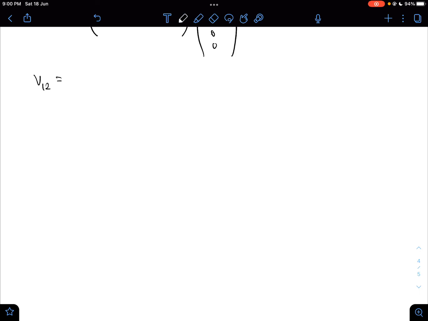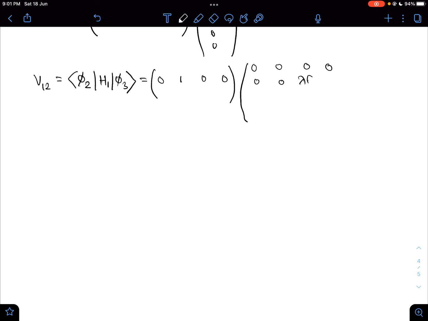V12 means phi 2 H1 phi 3. So what is our phi 2? Phi 2 is 0 1 0 0. Our H1 is this, and we have our phi 3, which is 0 0 1 0.